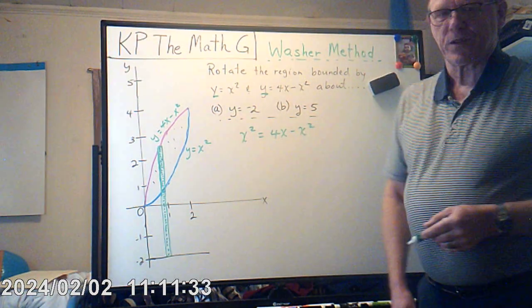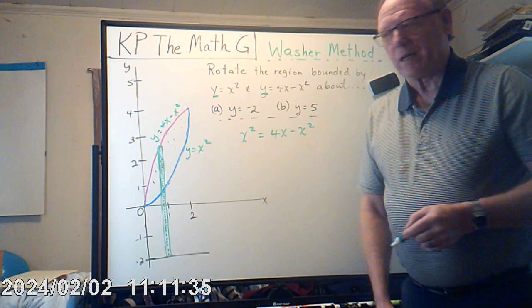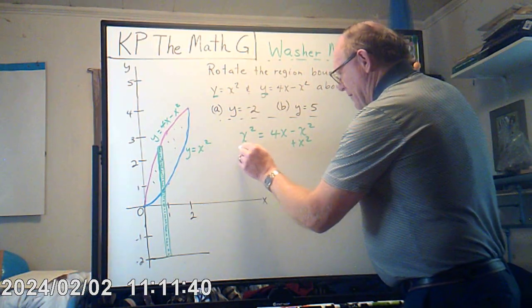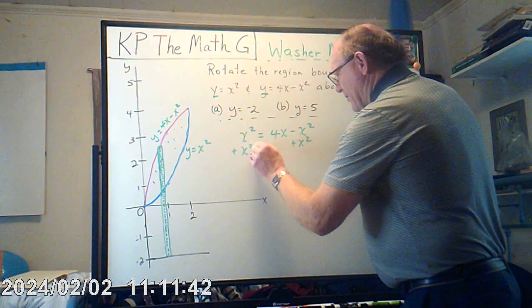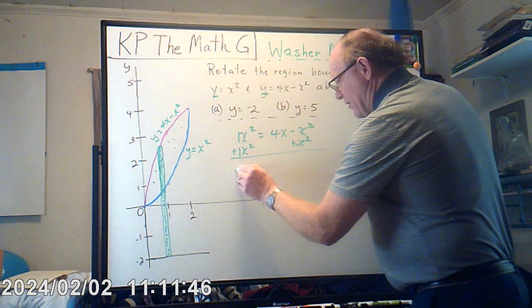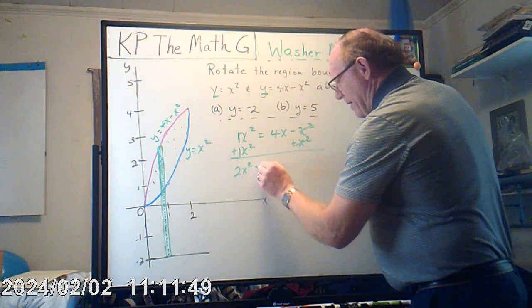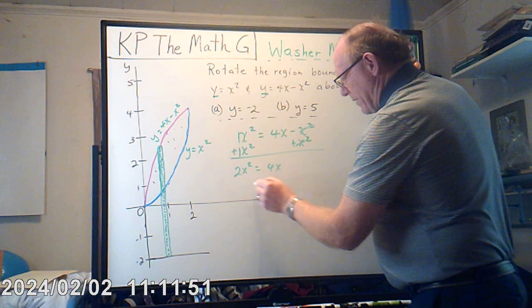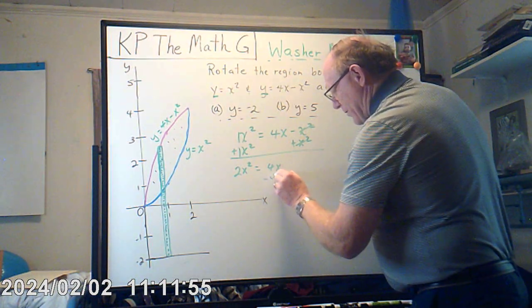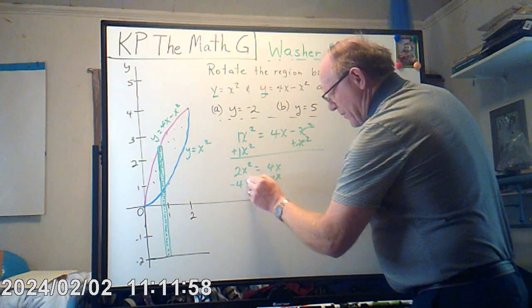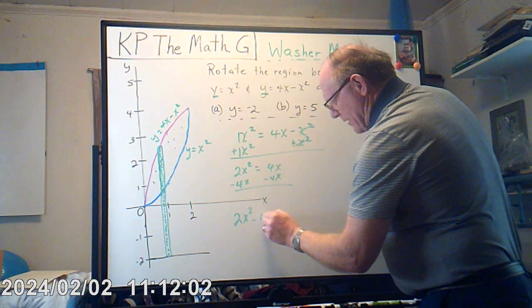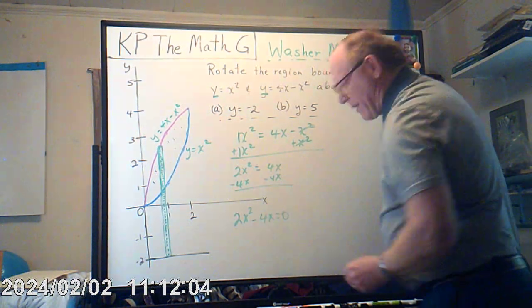That may be the first thing that you have to do. If we add x squared to both sides, this is a 1 and this is a 1, and that makes 2x squared equals 4x. Then bring the 4x to the other side, minus 4x, and you're left with 2x squared minus 4x equals 0.